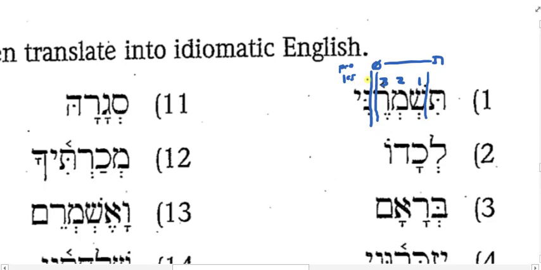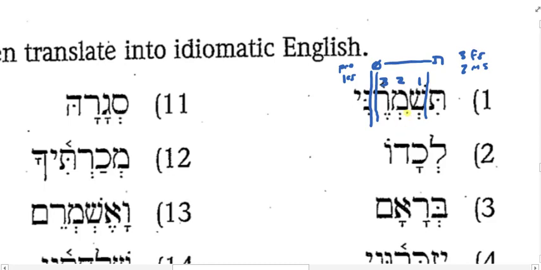As you know, it's 1 CS, right? So is this a cal perfect or a cal imperfect? Yeah, it's a cal imperfect with a tav prefix and no ending. It's 2 possibilities, right? That could be 3FS or 2MS. Okay? So it's either she will shamar or he or you, man, will shamar.